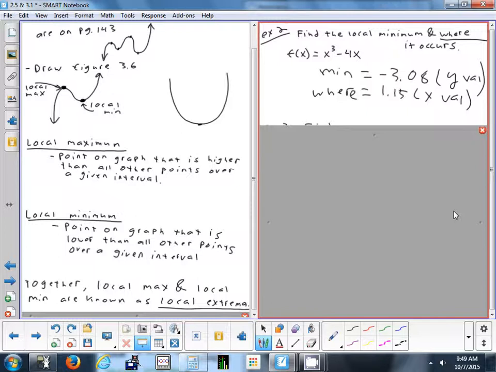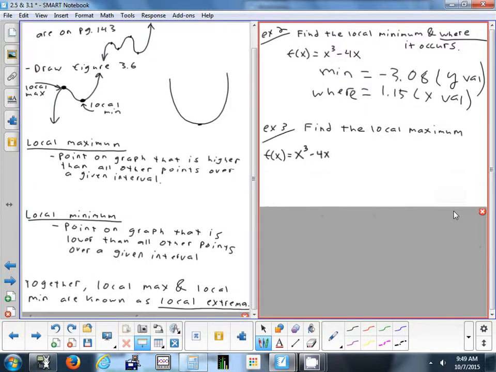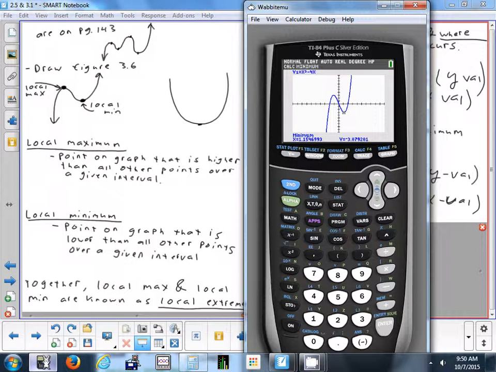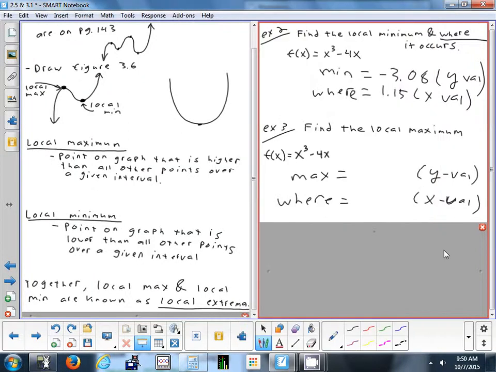Where it occurs is the x value. What it actually is, is the y value. Is the maximum the y value too? Yep, maximum's the same thing. I'm not going to go through the max, but the max will be the y value, and where it occurs is the x value. In fact, I think the max is the same numbers. I think it's negative 1.15, positive 3.08. Just change the signs.